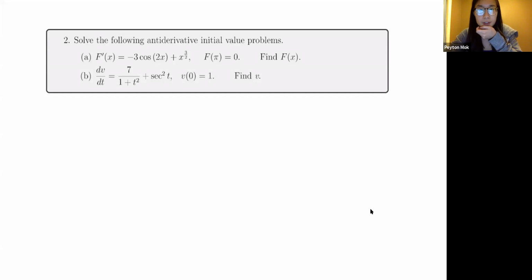So first of all, for this question, they're asking you to find the antiderivative, right? And they also gave you the initial value. So whenever you're finding the antiderivative, how do you find it? Anyone?